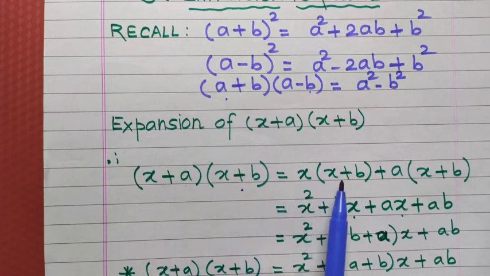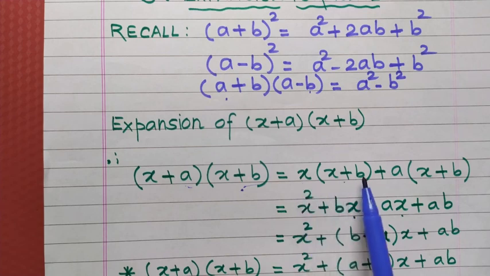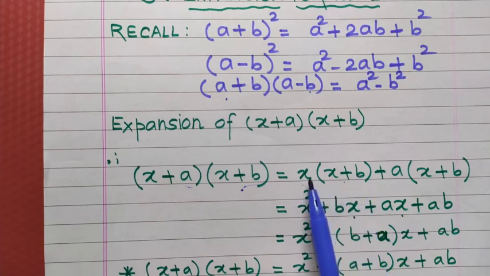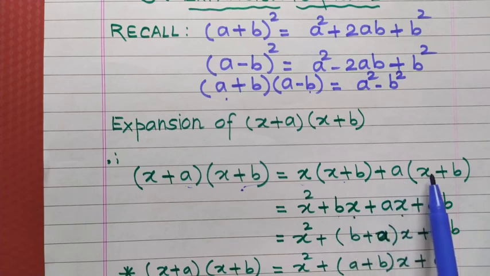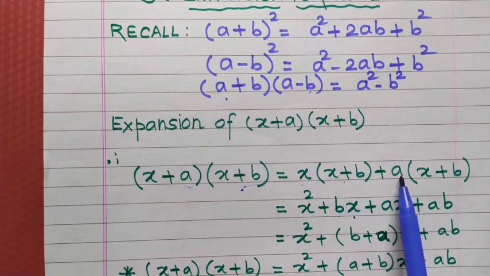Let us open the bracket. x into x is equal to x square. x into b, alphabetically, I should write as bx. Here, a into x as ax plus a into b as ab.